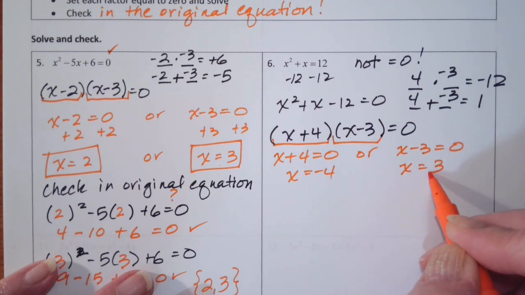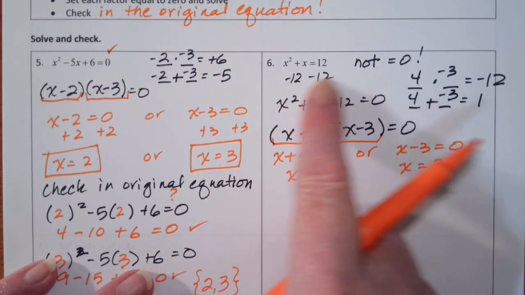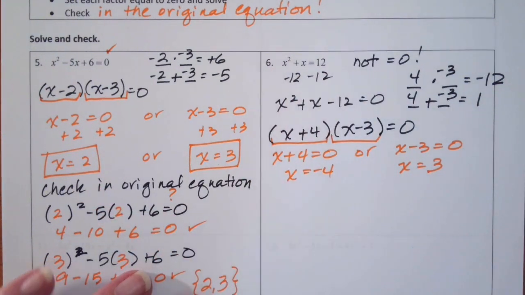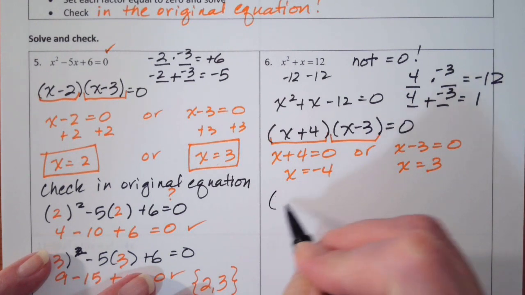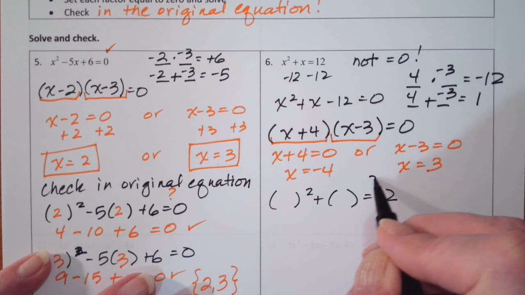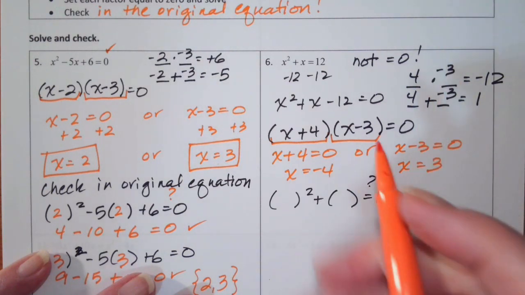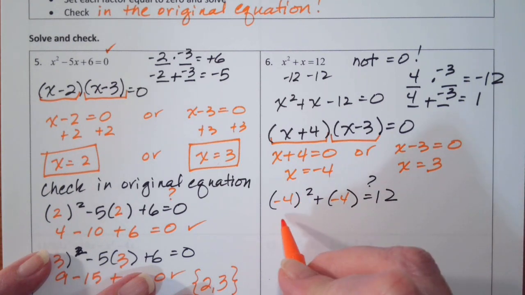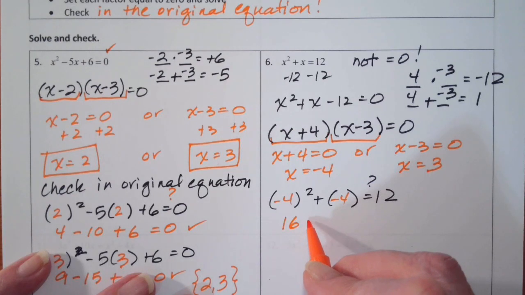Okay. So I'm going to go back and check in the original equation, because I may have made a mistake somewhere along the way. So I want to know if a value squared plus that value is equal to 12. So let's try the negative 4. Negative 4 squared is negative times negative, a positive 16.